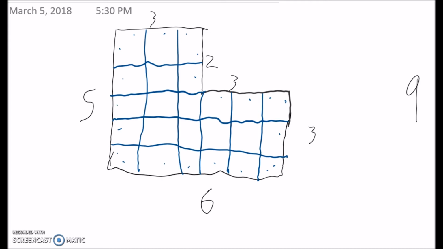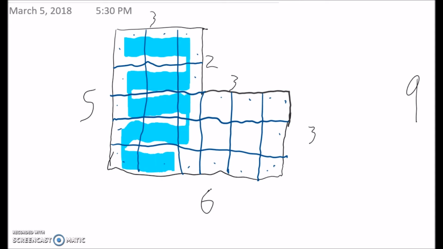So going across here, maybe I'll use a different color. 1, 2, 3, 4, 5, 6, 7, 8, 9, 10, 11, 12, 13, 14, 15, 16, 17, 18, 19, 20, 21, 22, 23, 24.